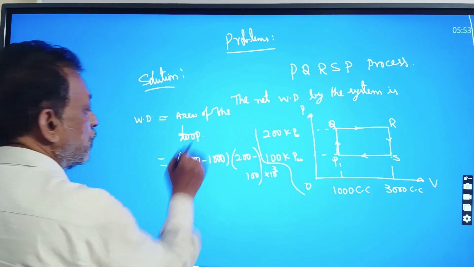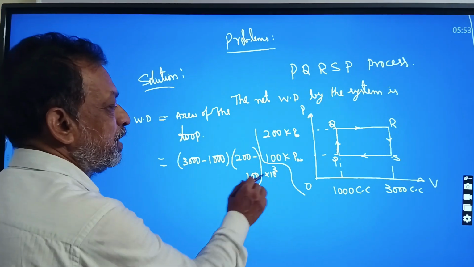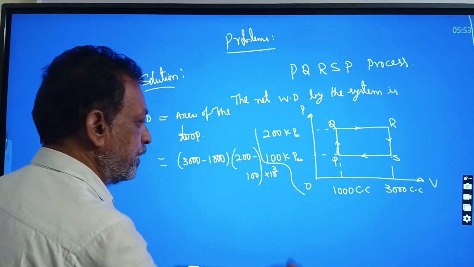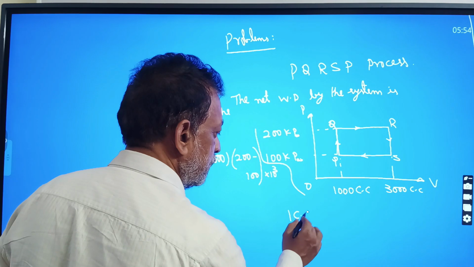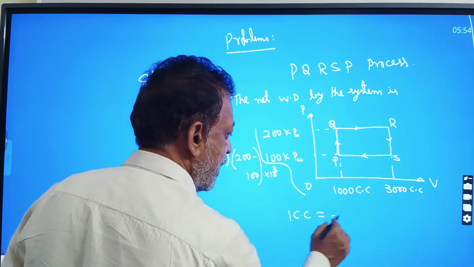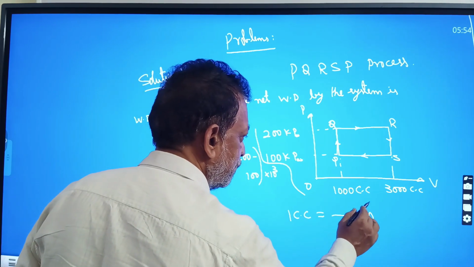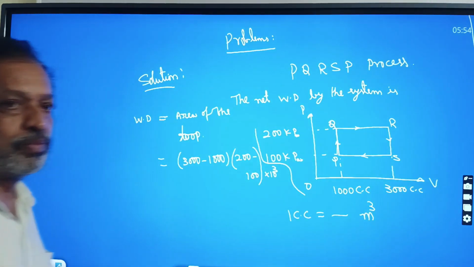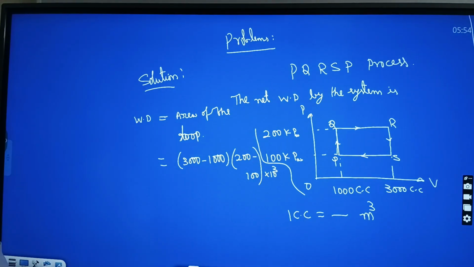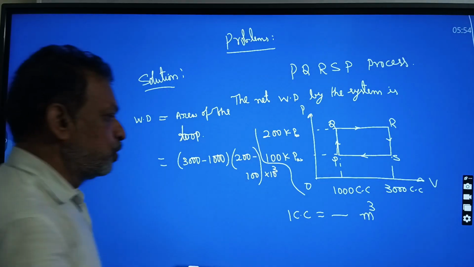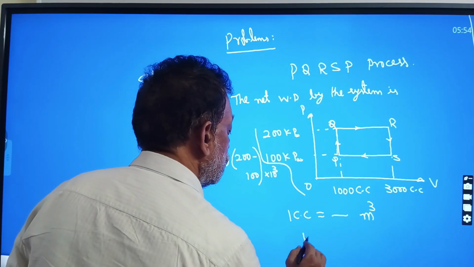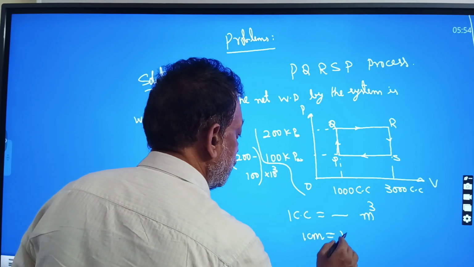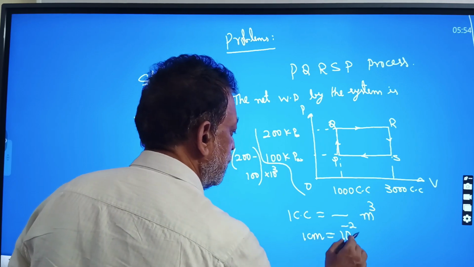Now this is a cubic centimeter. So this is in the SI system. 1 cubic centimeter is equal to how many meter cube? Cubic centimeter, cc, is equal to dash meter cube. So conversions. So 1 centimeter is equal to 10 to the power of minus 2 meter.